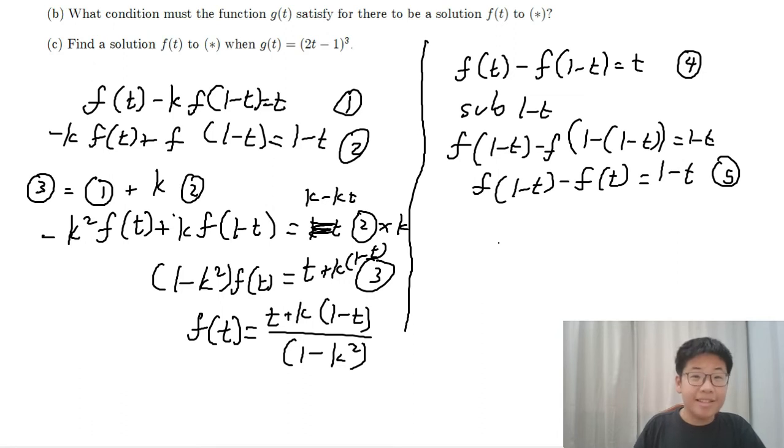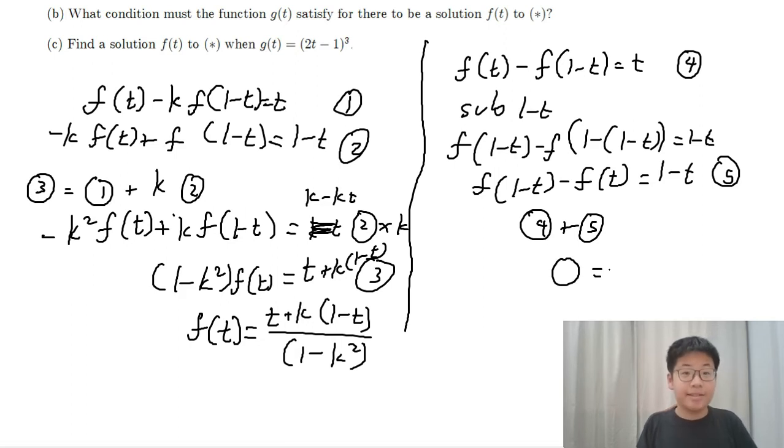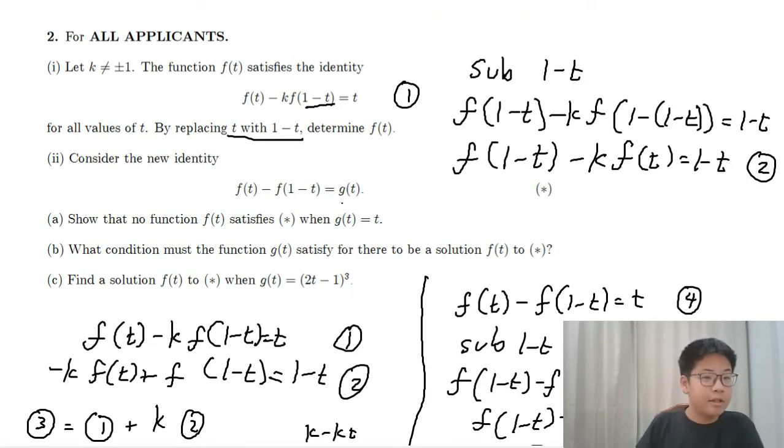We add these equations, 4 plus 5. Let us not write down 6, because then we're going to see something special happen. Since f(t) minus f(t) plus f(1 minus t) equals 0, and t plus 1 minus t equals 1, 0 cannot equal 1. Hence, there are no functions f(t) which satisfy this identity.